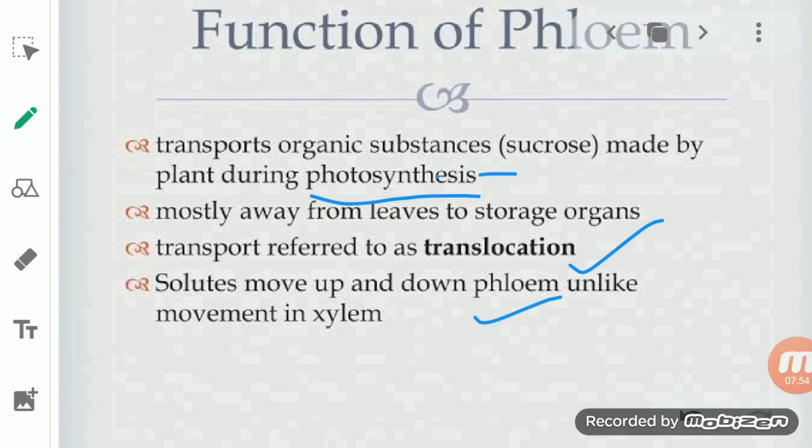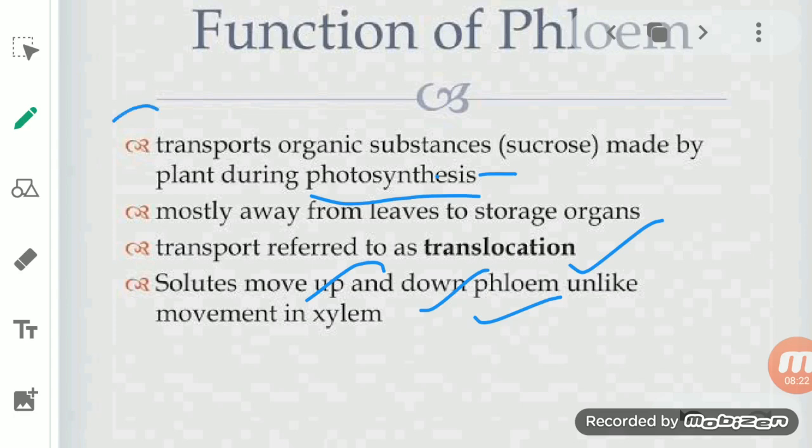So now you see there is a bidirectional movement occurring. It has to move upward as well as downward. So in the case of phloem, it moves up as well as down, while in the case of xylem, it is a unidirectional movement, because the water is to be carried only to the leaves.